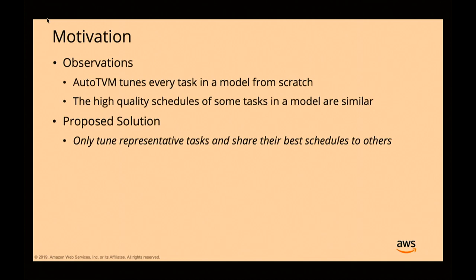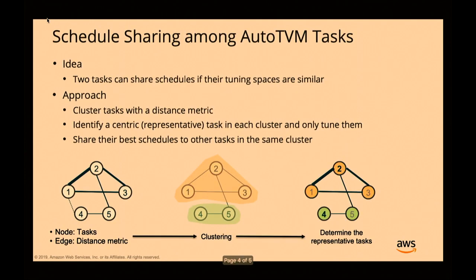So one proposed solution is that we only tune some representative tasks and share their best schedules with others, so that we can save a lot of time for tuning every layer.